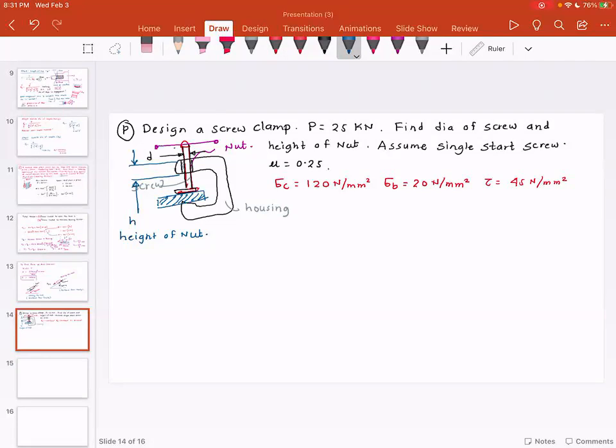So what we do is, step one, design the screw diameter, DC. As you can see, the load that is going to come on the screw is compressive. So it will be designed for compression.